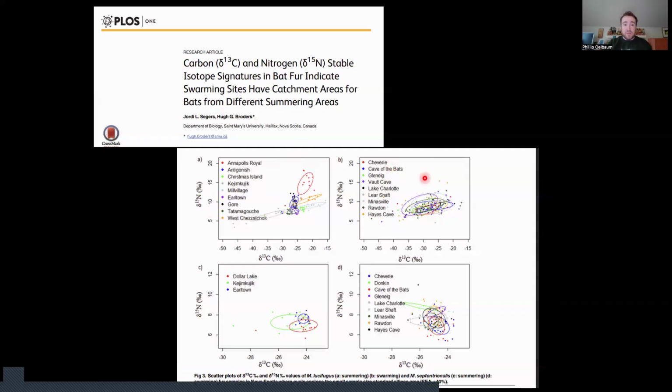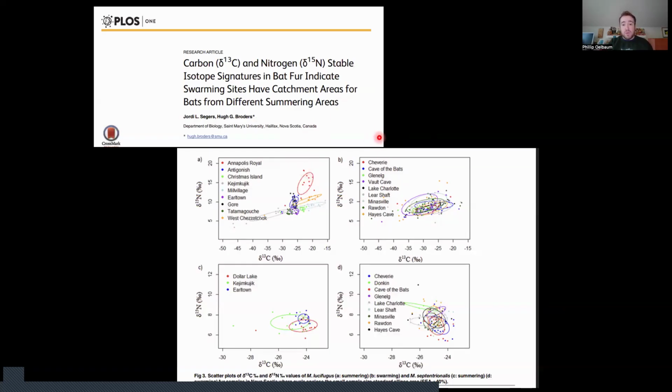This is a study from Maritime Canada. In the summer, there's very high foraging site fidelity, where bats are more similar within their own populations. They're feeding and growing hair in particular areas.